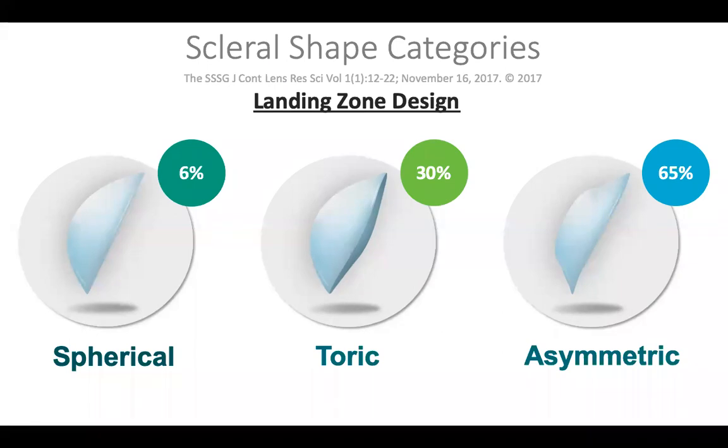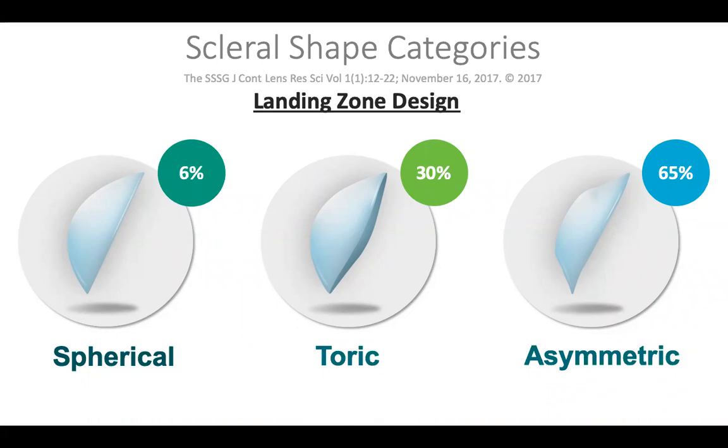And in fact, when we look at the designs that best fit the various shapes that we see in our practices, only 6% of eyes would be best fit with a spherical landing zone, while 30% would be best fit with a toric landing zone. And then the majority, or 65%, would be best fit with an asymmetric scleral lens design.